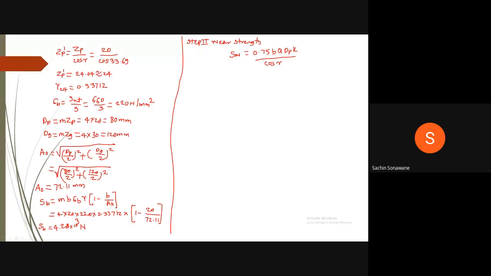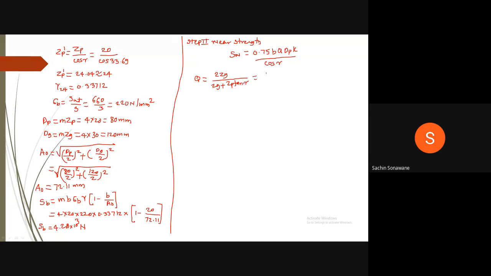Now which values are we not knowing? The value of Q and the value of K. Therefore, find out the value of Q. Q is equal to 2 ZG divided by (ZG plus ZP tan gamma).